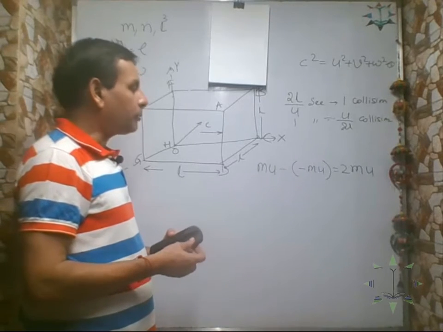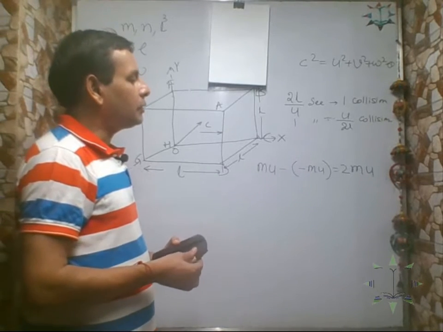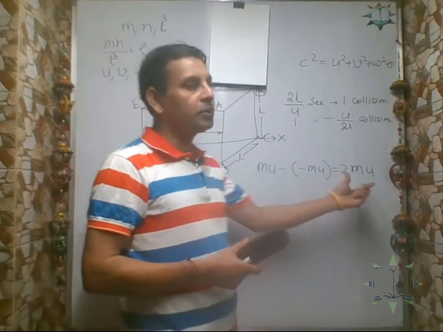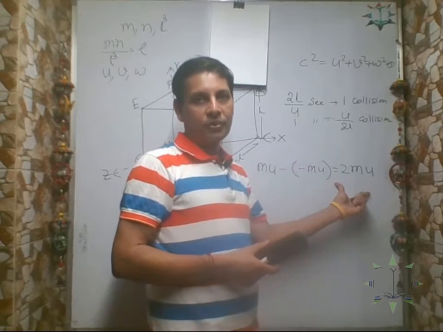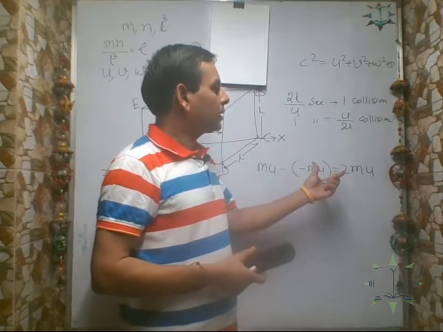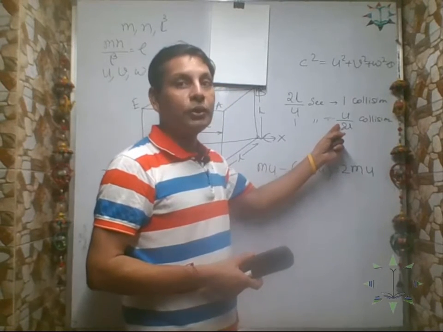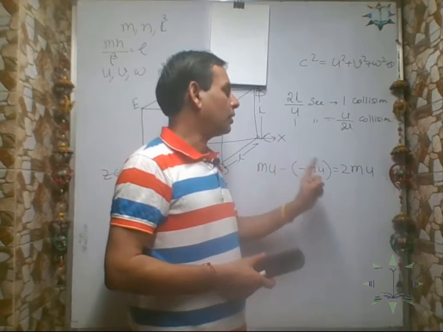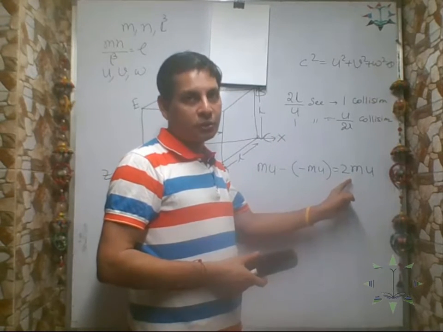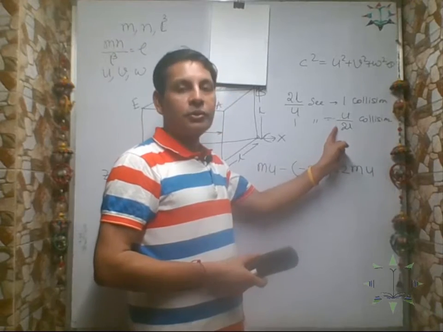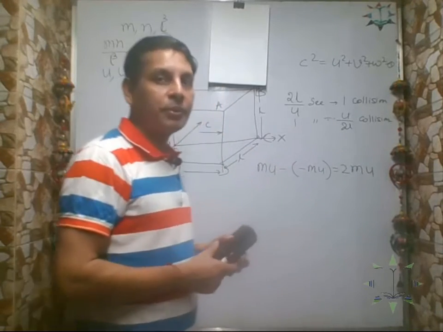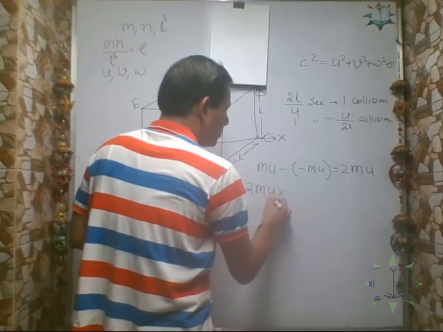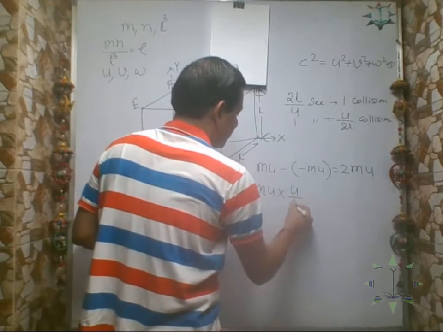Now, in 1 second, what is the total change in momentum? One collision causes a 2mu change in momentum. Now, how many collisions happen in 1 second? u/2L collisions. So if one collision happens, the momentum changes by 2mu. So with this many collisions, how much will the momentum change? That is 2mu into the number of collisions, u/2L.